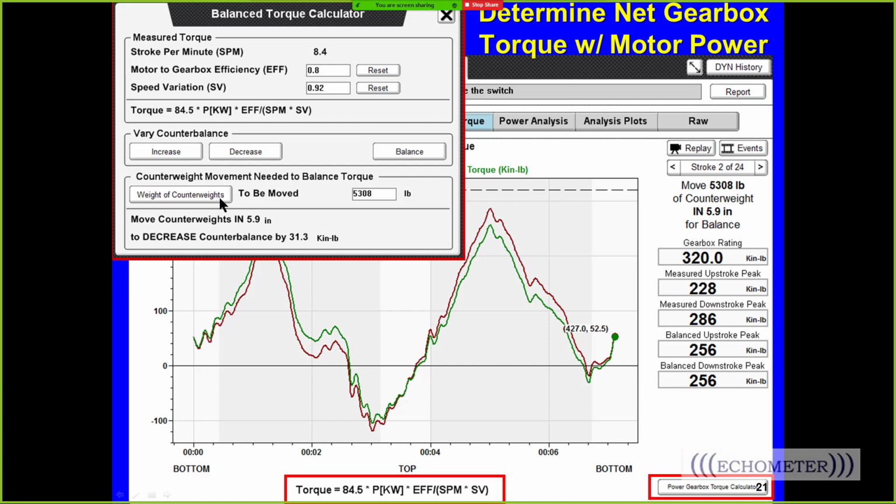And you can also type in the weight of the weights to be moved. So you don't need to know the API geometry or anything about the crank angle. You just know the weights that need to be moved. And we're going to assume that the efficiency is about 80% upstroke and downstroke, which is a good assumption. And that allows us to calculate the torque based on the kW.